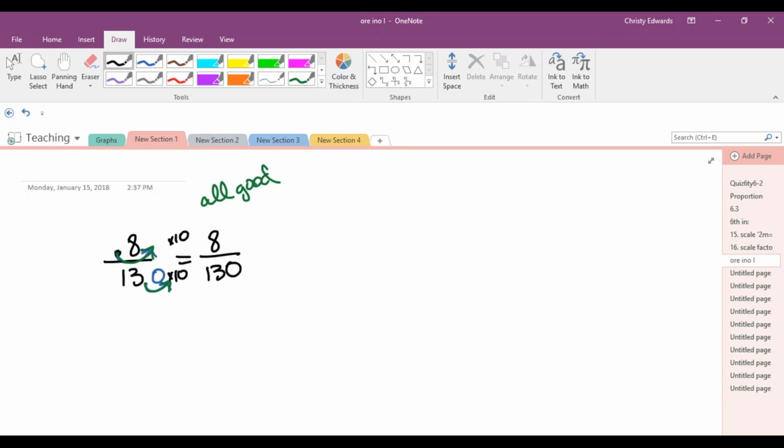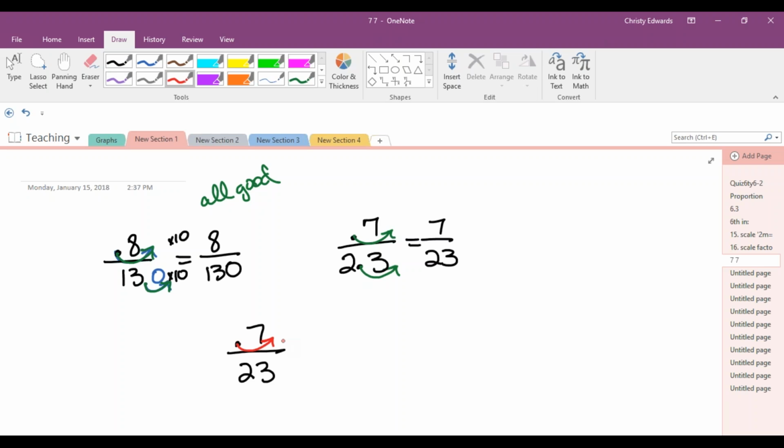If you ever have 0.7 over 2.3 and you're like, ugh, Miss Chrissy says don't leave the decimals in a fraction, scoot that over 1, scoot that over 1. 7 over 23, or 0.7 over 23.